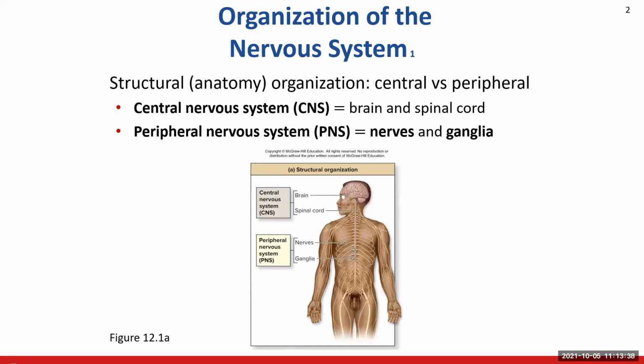Okay, but for right now, from an anatomical standpoint, our nervous system is broken down into two parts: central nervous system, which is the brain and spinal cord, and then we have the peripheral nervous system, which are going to be nerves and ganglia. And we'll talk about what nerves and ganglia are. Okay, so keep in mind, nerves, you've heard of some of the nerve names before.